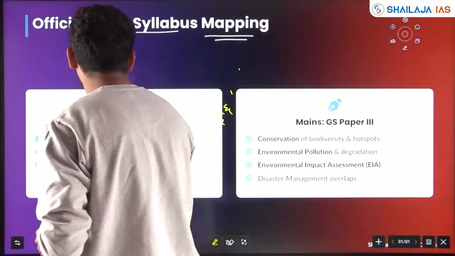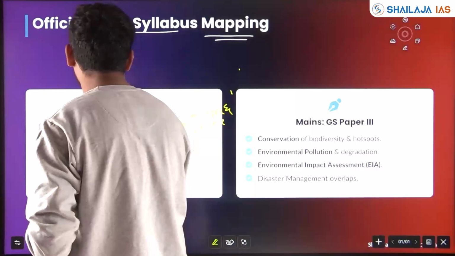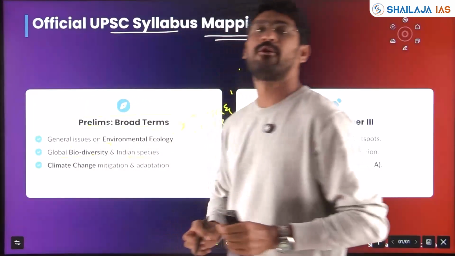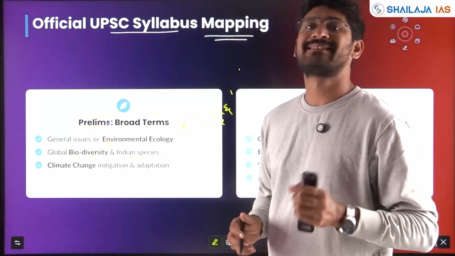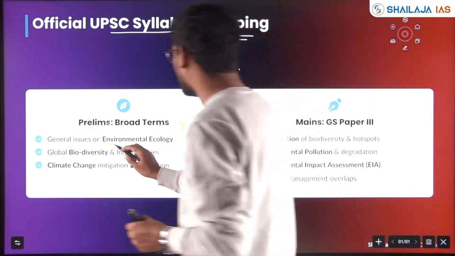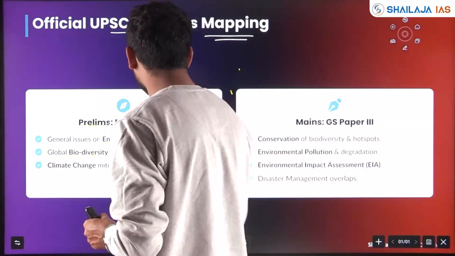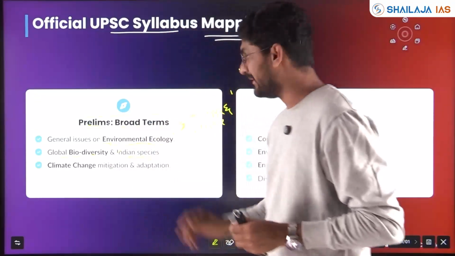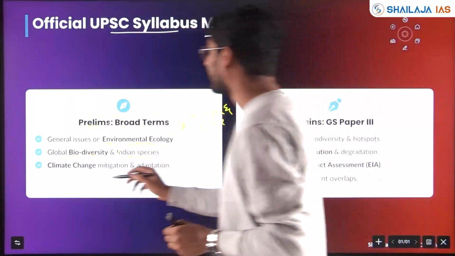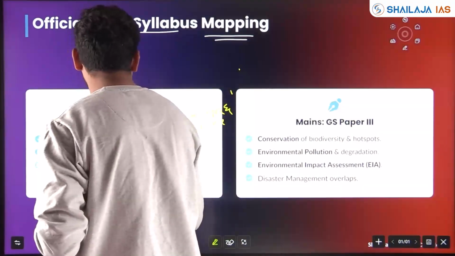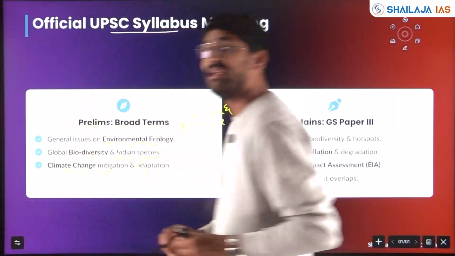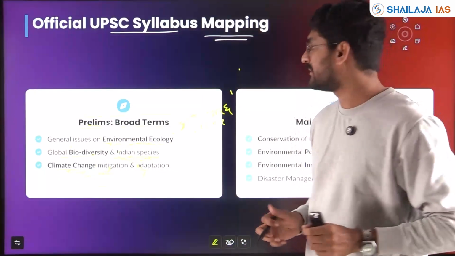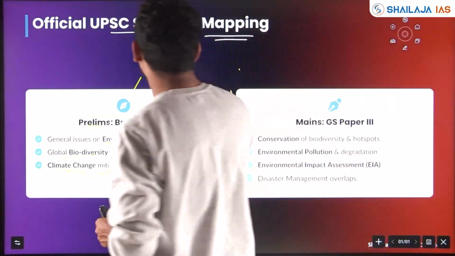Next, global biodiversity: biodiversity, global flora, global fauna, all the important acts, schemes, conventions with respect to that, and Indian species. Next, climate change, its mitigation and its adaptation. These are the important syllabus themes mentioned in prelims.